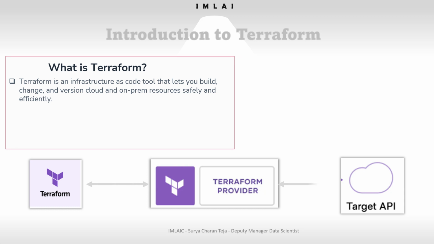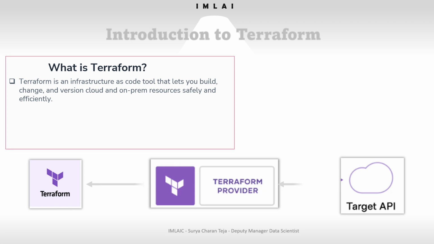We are going to look into that file in our forthcoming slides. There you mention how you want to provision your server in cloud or in on-premise. Using these human readable configuration files, you can version, reuse, and share. That's the benefit of these configuration files.